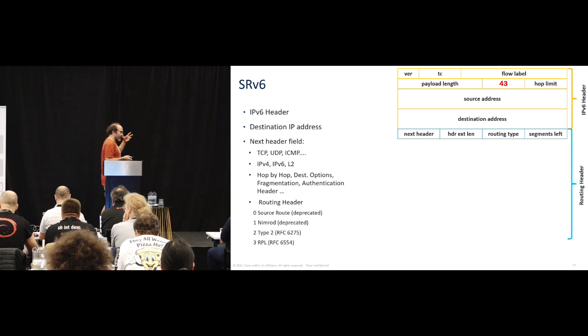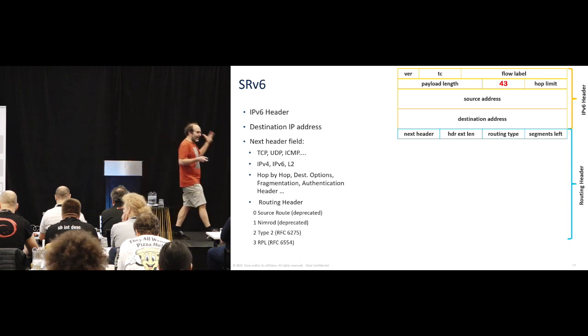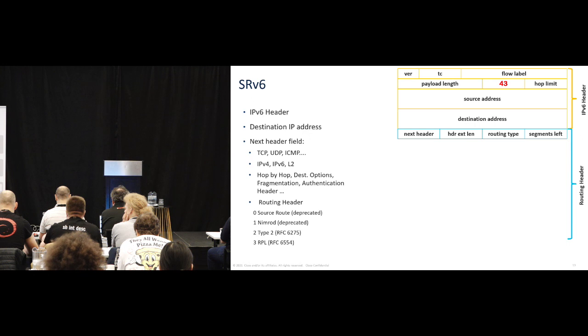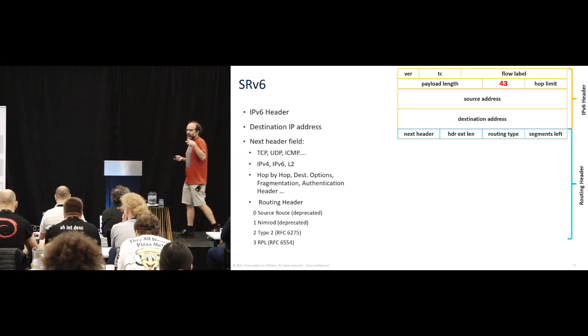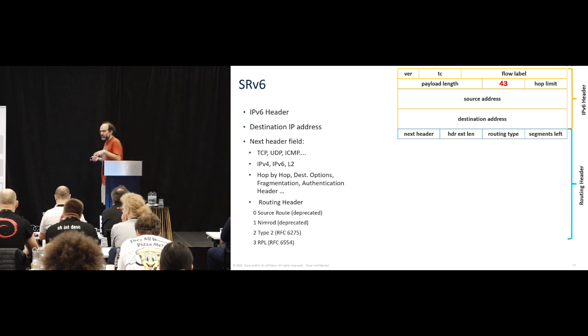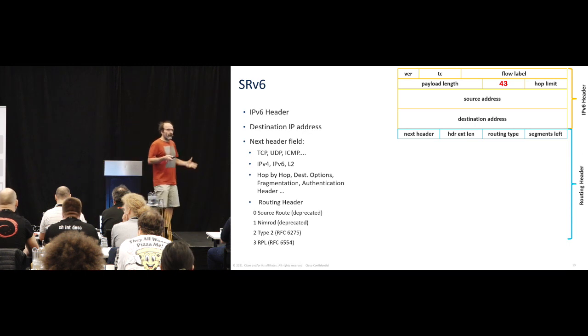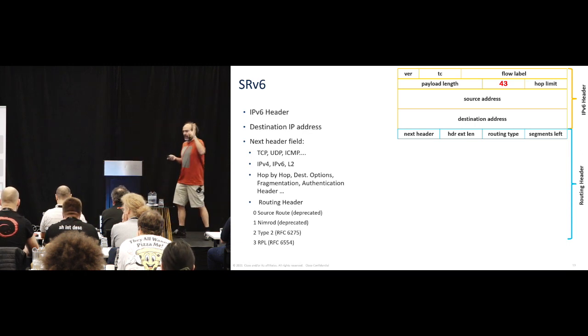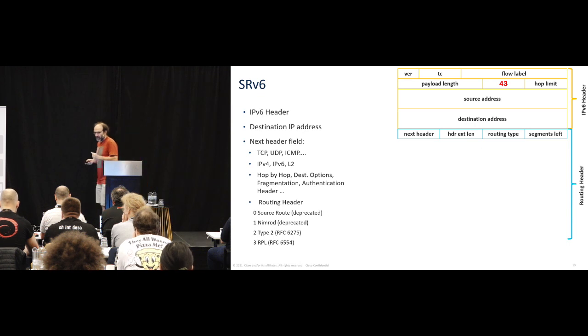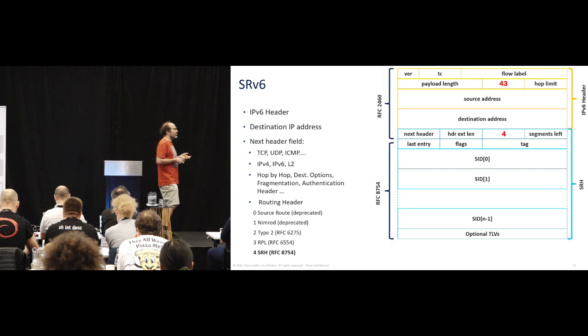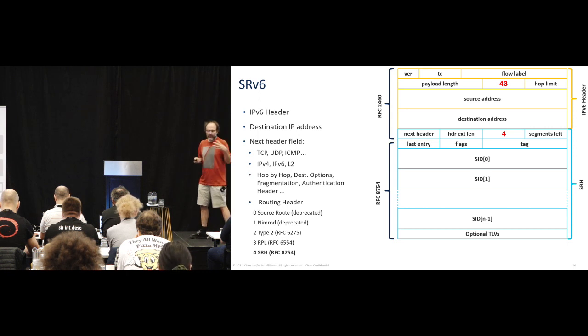Over time, different types of routing header were introduced, starting with source routing, then Nimrod, mobility, RPL, I don't even know what that one is for. But what we have done in segment routing is introduce a new type of routing header, type 4, called the segment routing header, SRH in short.